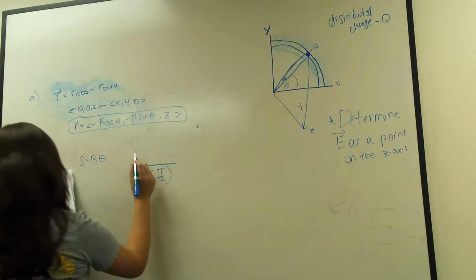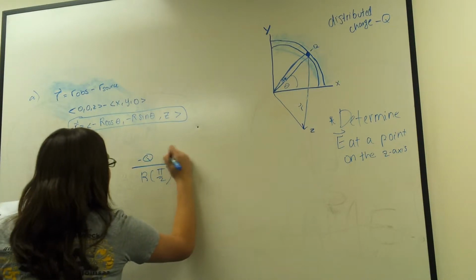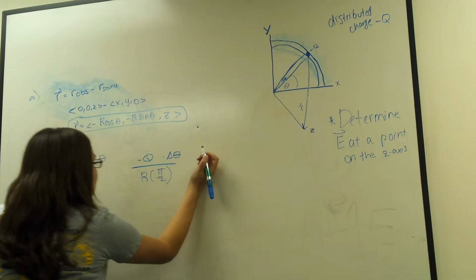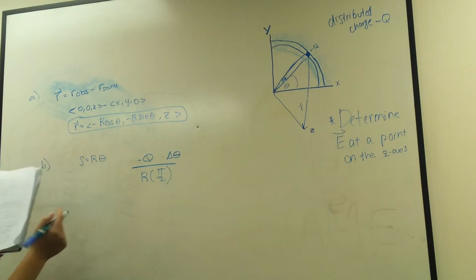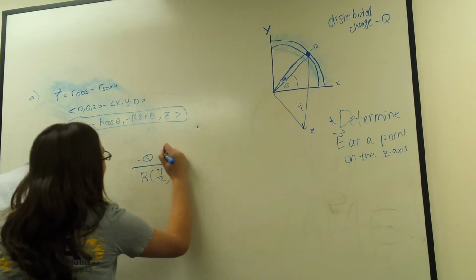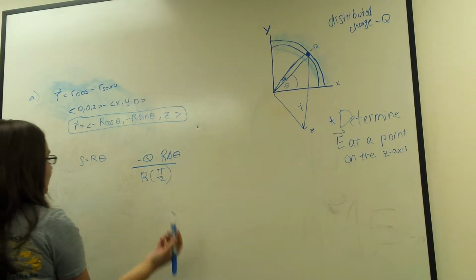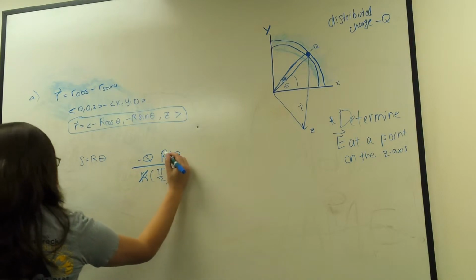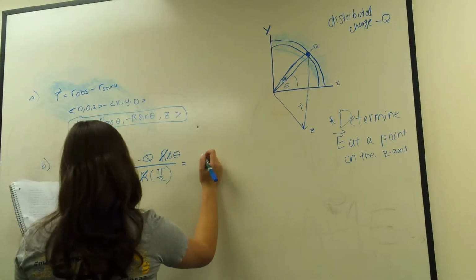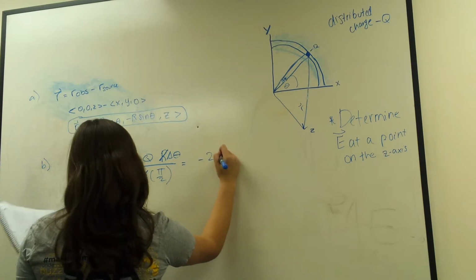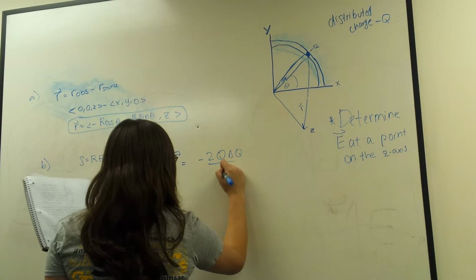So it's negative Q, because that's our distributed charge, times delta theta, times R delta theta to find the arc length there. What we find is that our R's are going to cancel, the 2 is going to flip up to the top, and we get negative 2Q delta theta over pi.